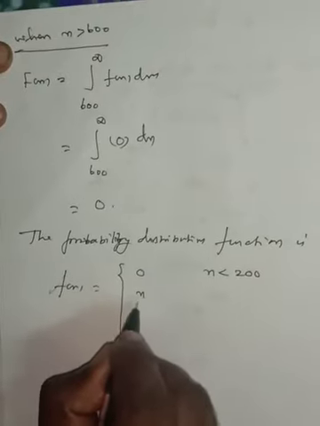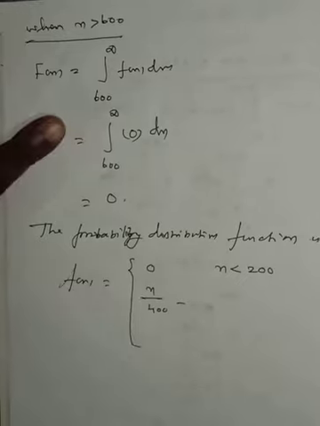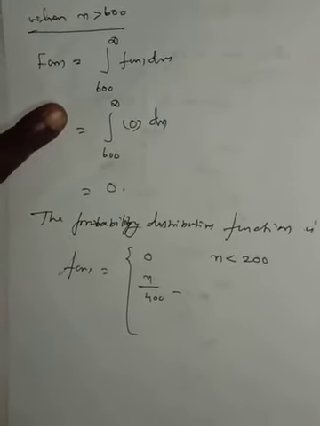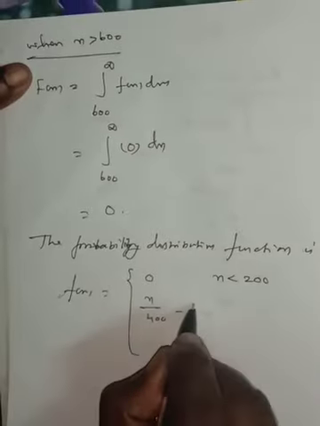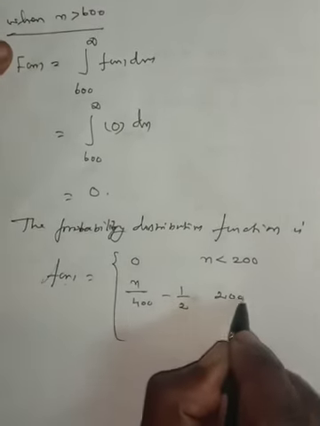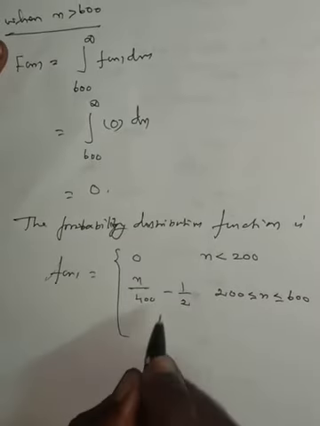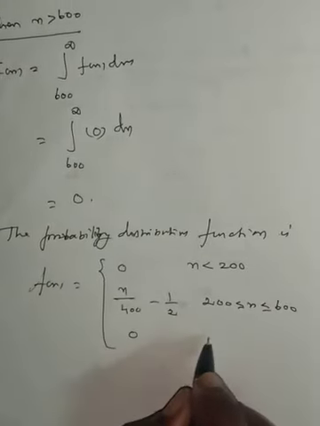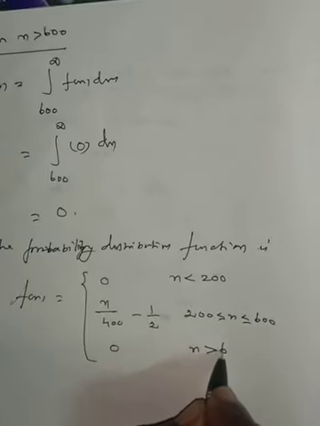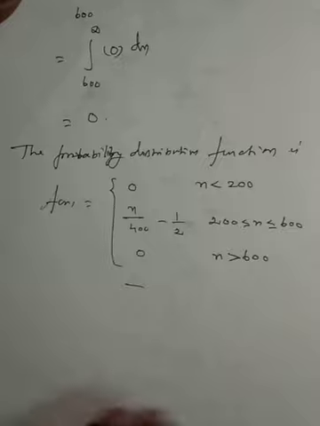Second case x divided by 400 minus 1 by 2, for 200 less than or equal to x less than or equal to 600. Next 0, x is greater than 600. This is the probability distribution function.